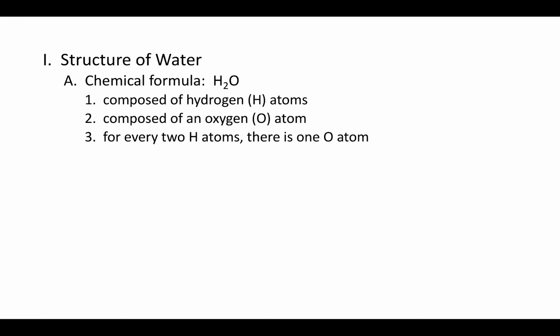For every 2 hydrogen atoms, there's going to be 1 oxygen atom in water. The subscript 2 means there are 2 hydrogen atoms. For oxygen nothing is written, which is understood to mean 1, so 1 oxygen atom.